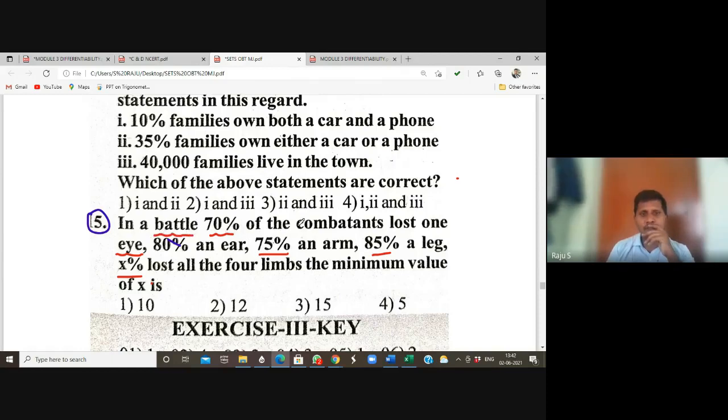Out of 100, 70% of the combatants lost one eye, nothing but remaining 30%. 80% here, remaining is 20%. 75% arm, remaining 25%. Only leg is 85%, remaining 15%. The question is X lost all 4, then the minimum value of X. How can you find this?